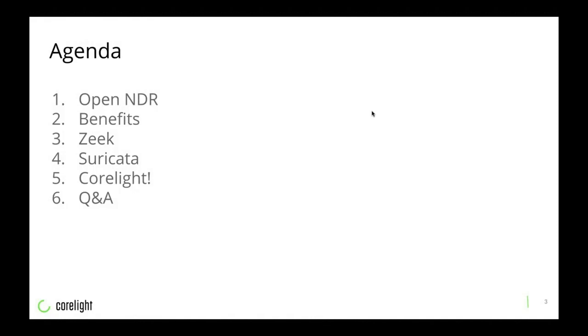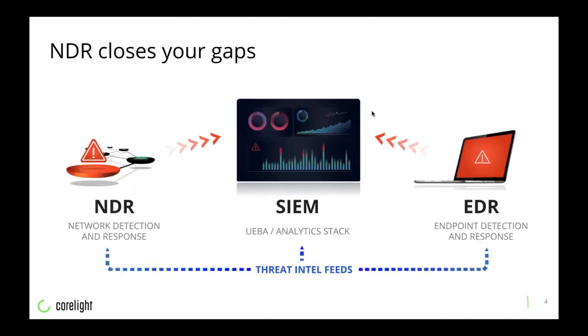So let's get started. You signed up for today's webinar, so I assume you're either interested in or actively contemplating a network detection and response strategy. NDR is not a firewall at your perimeter, although that's a helpful part of your network defenses. That's not a comprehensive way to monitor and defend your network.